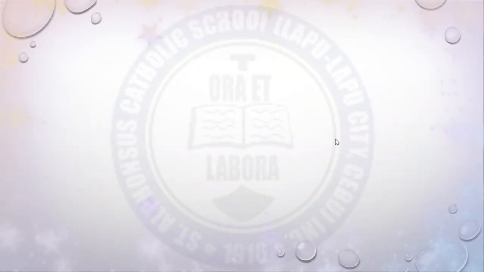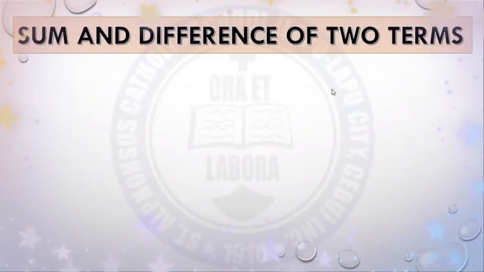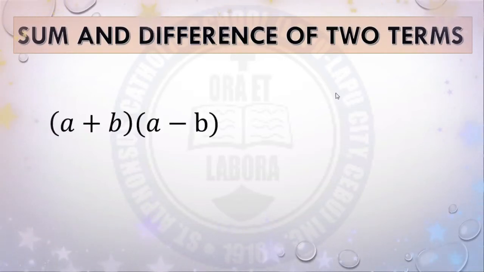You can say that the factors are sum and difference of two terms if they have the same first and last terms and opposite operations. The other one is addition and the other one is subtraction.